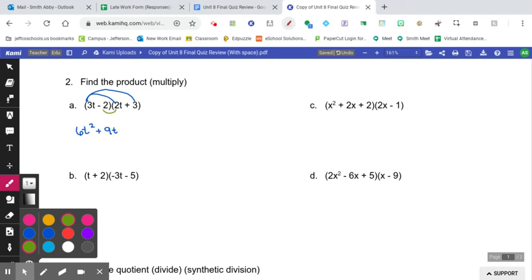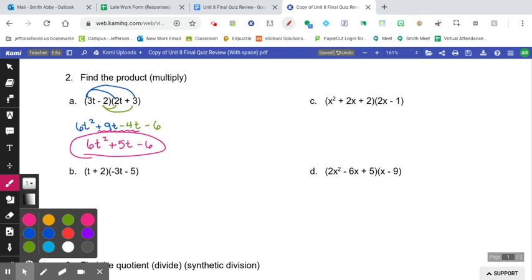Negative 2 times 2t is negative 4t. Negative 2 times 3 is negative 6. And then I'm going to combine my like terms, which are these two. That's going to turn into positive 5t. And the other two terms just get carried down. There we go. Try problem B.